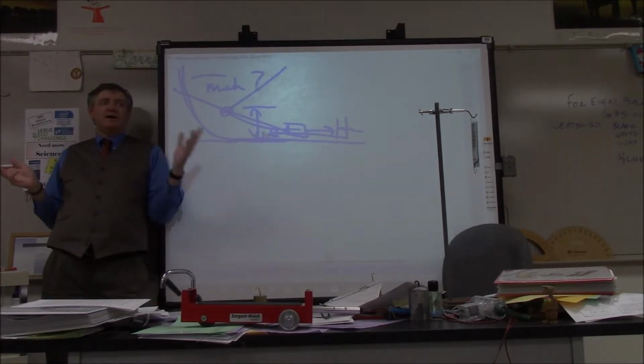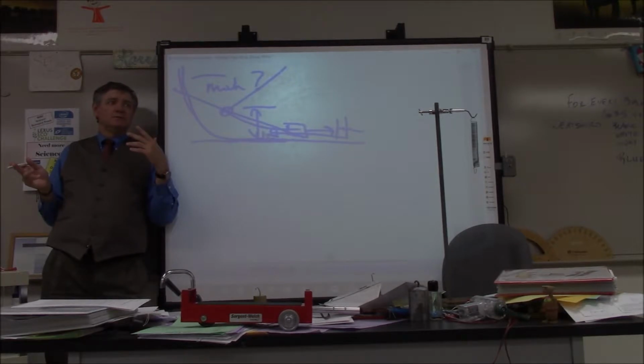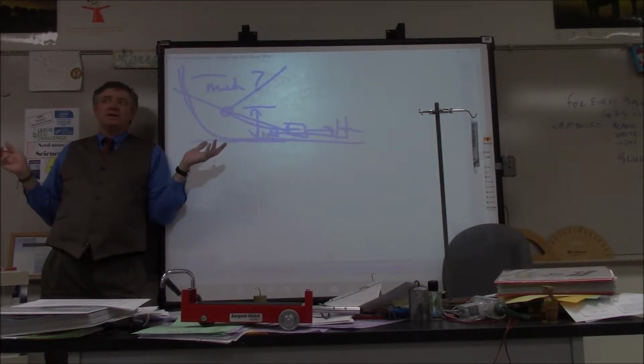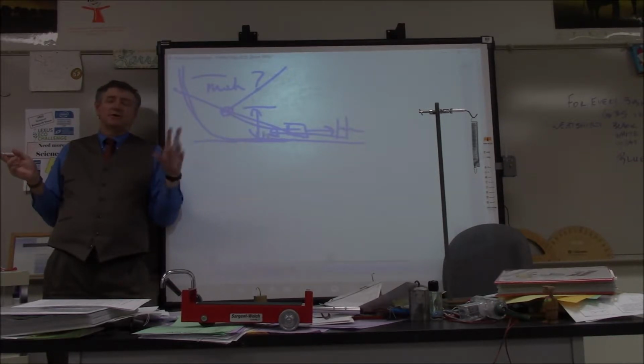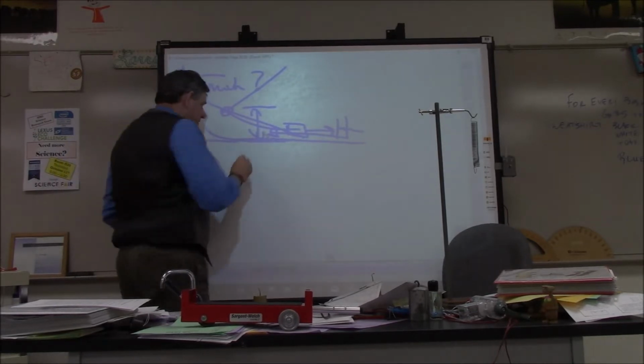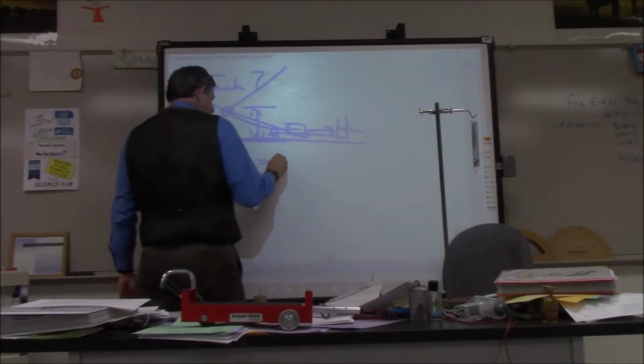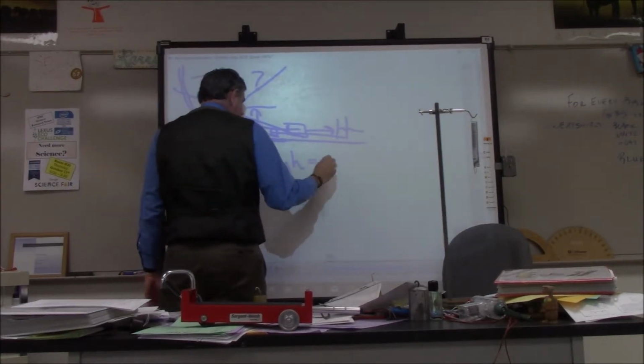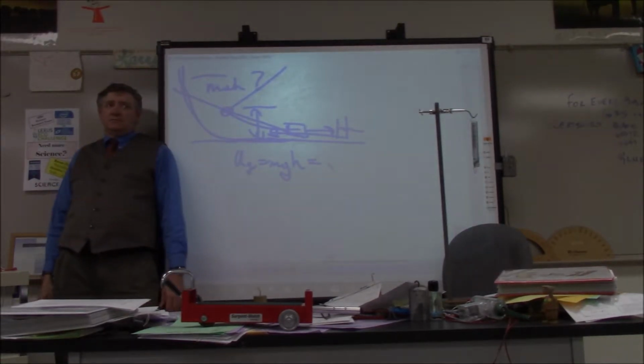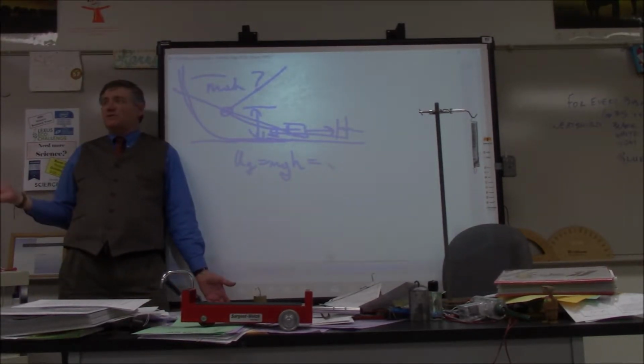So how could you find how high this thing is going to go? Set what equal to what? Us equal to... No. You could, but don't. You're going to make it difficult. You're going to set your UG, which is going to be mgh, equal to what? Well, what's the numeric value? 0.94.